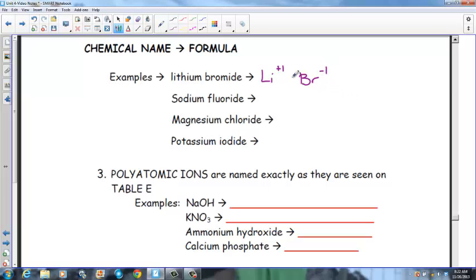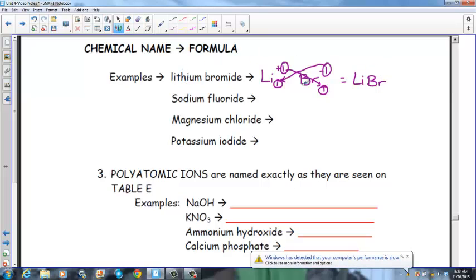So in order to write the formula, we could do this crisscross method where the superscript number, just the ones, come down here, crisscross to the opposite side, to give you the whole formula. But since they are ones, we're not going to write that out. So this is going to be lithium bromide. And there's one atom of each in the compound to make it neutral. The +1 -1 equals 0.